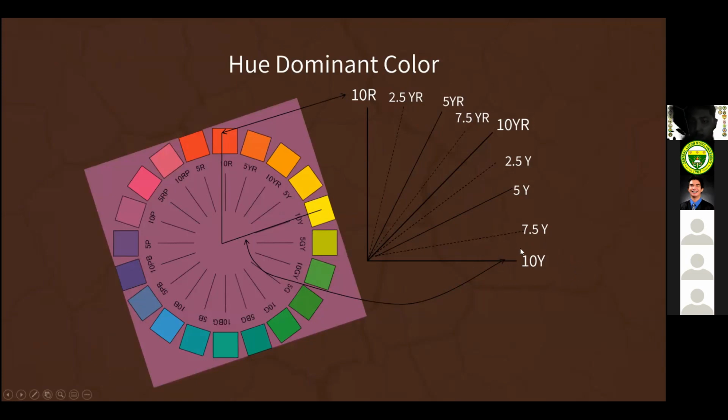Then as the yellow value decreases, we go to 7.5Y to 5Y to 2.5Y. Then we have the 10YR. Then as it becomes redder, 7.5YR, 5YR, 2.5YR, and then the 10R. So that's how we measure the hue of the soil.